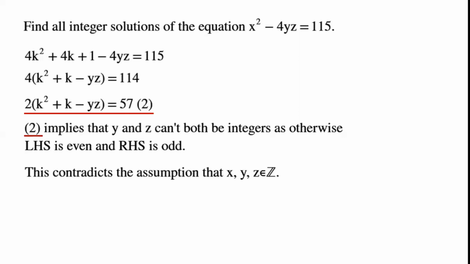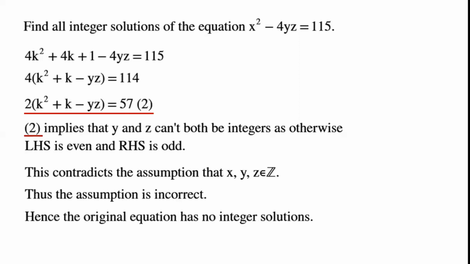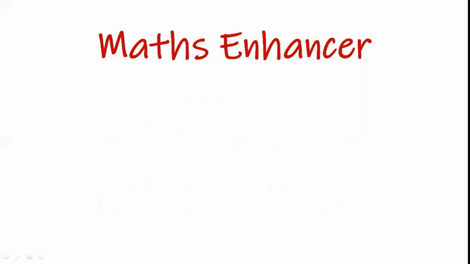This contradicts the assumption that x, y, z are integers. Thus, the assumption is incorrect. Hence, the original equation has no integer solutions.